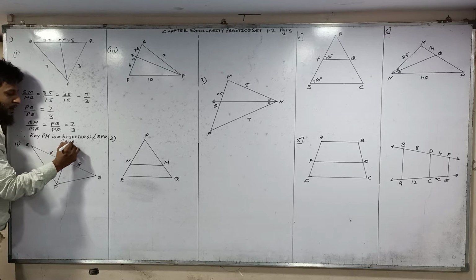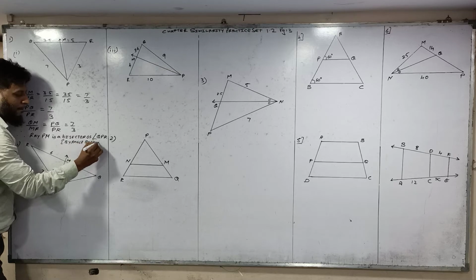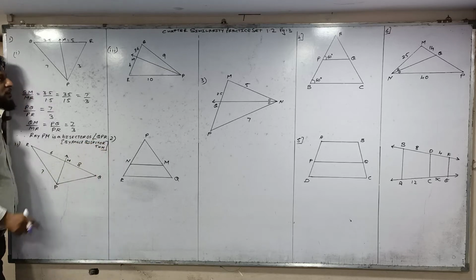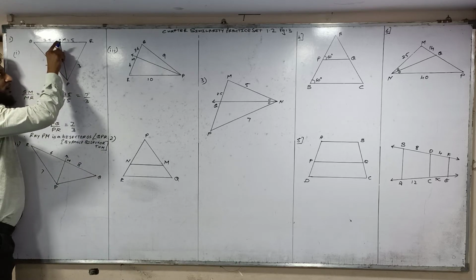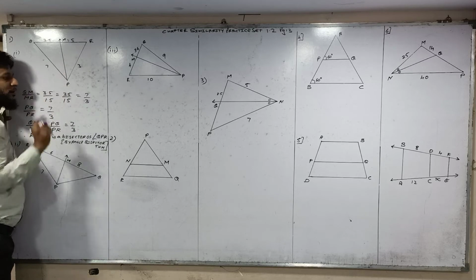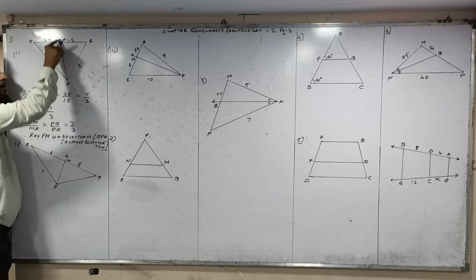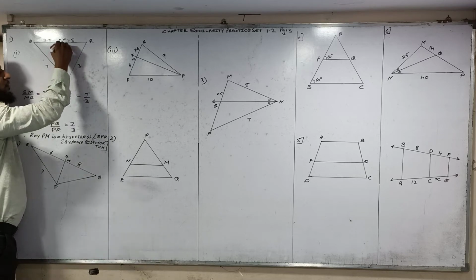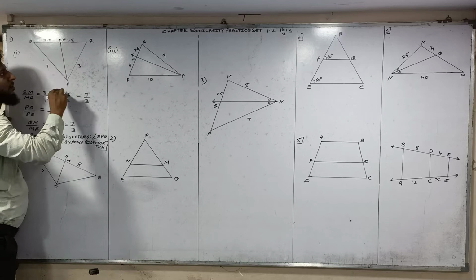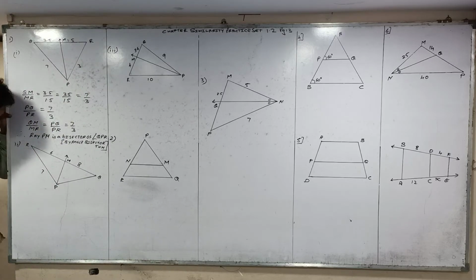If the proportion QM upon MR is equal to PQ upon PR, then this ray is the angle bisector of angle QPR.